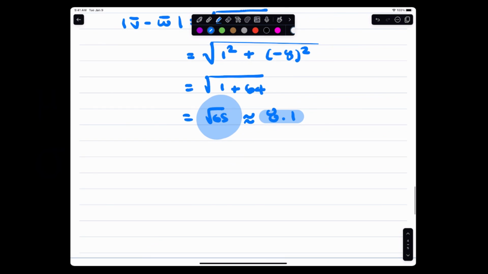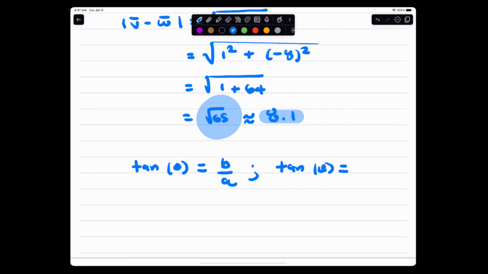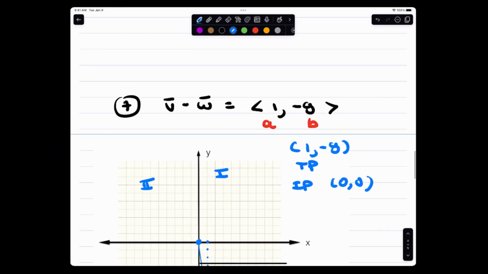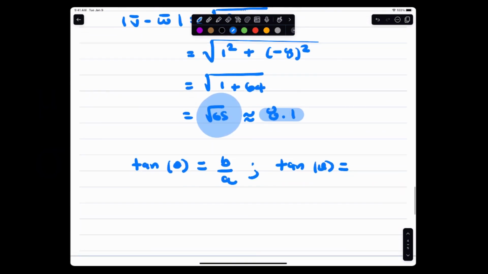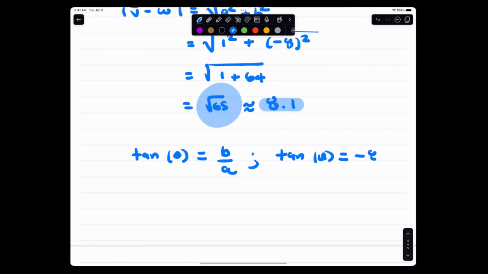All right, what about the definition of what? How do we get the direction again? Tangent theta was, or is defined to be B over what? A. So my tangent theta, what's our B value again? It's negative 8. Is that true? A is 1. So it's negative 8 over 1.